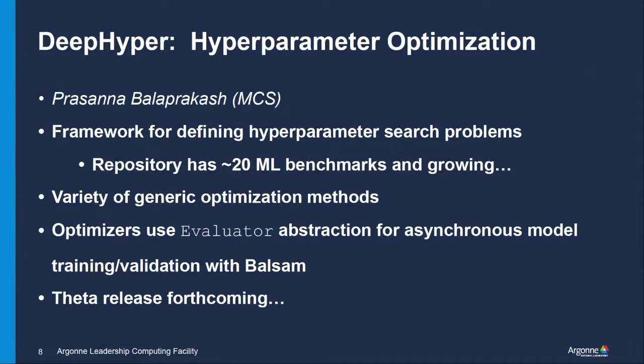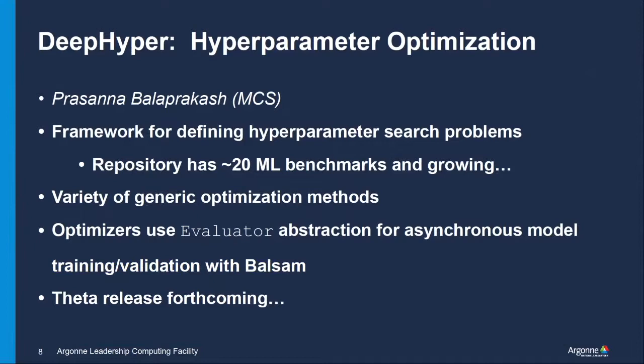We're looking at the best way to provide this to users on Theta, but right now it contains a collection of ML benchmarks. These are various deep learning or toy models with associated training data, and each one has an associated hyperparameter search problem. This is a definition of the search space and bounds on the variables that we're searching over.